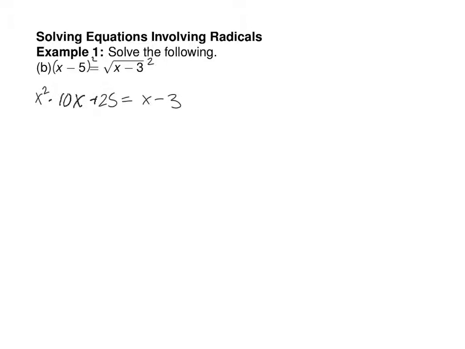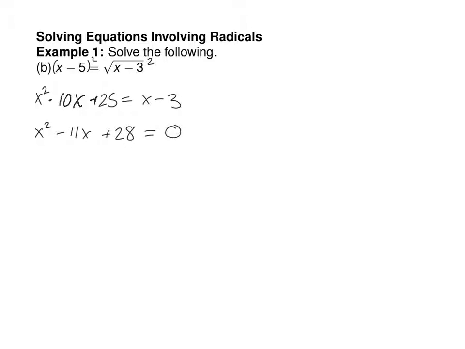If you make a mistake, that's one thing it's going to be. It's common that you know how to square, but squaring the middle of the problem is a little bit tricky sometimes. Okay, now how about you move the x over to the left and move the negative 3 over to the left. What do you get? X squared minus 11x plus 28.